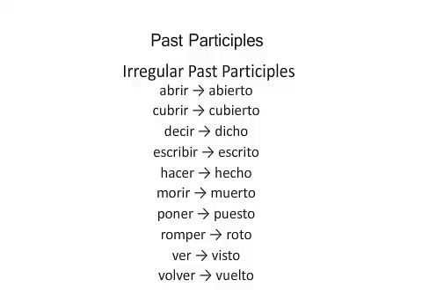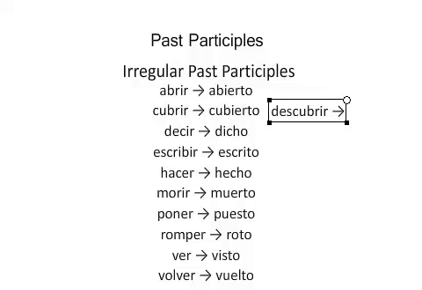Also, and this is kind of a nice thing about Spanish, when we have verbs that are formed from other verbs or tied to or related to other verbs, their participles are going to be very similar. So for instance, we have the verb descubrir, which is, as we can see, related to the verb cubrir.